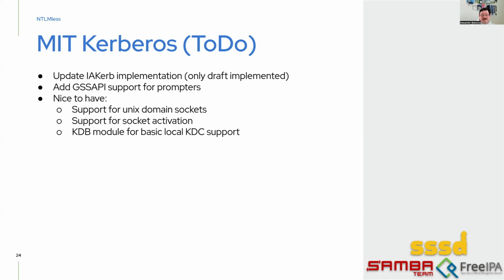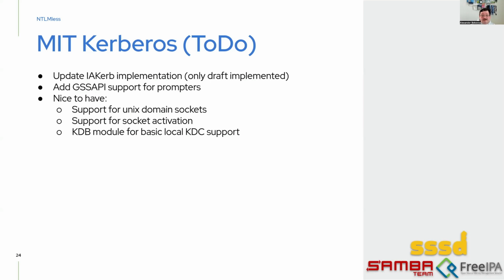Have this done with socket activation, because that would allow us not to run the KDC all the time, but just activate it when it's being asked. MIT KDC is relatively lightweight, but I can imagine people wanting to save memory overall.